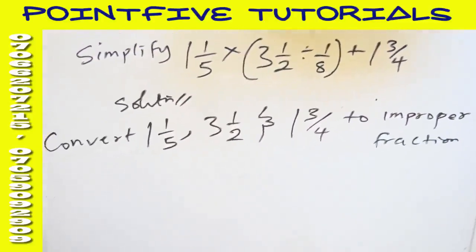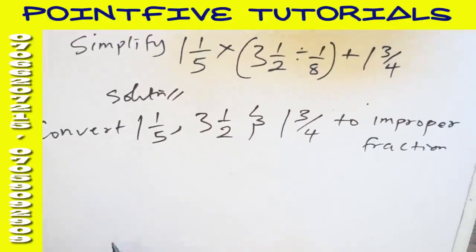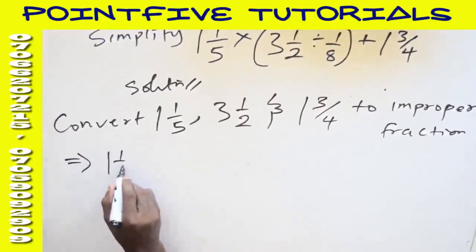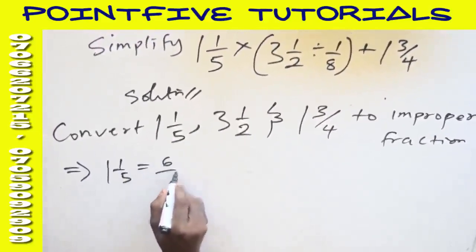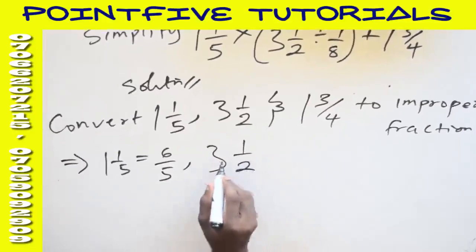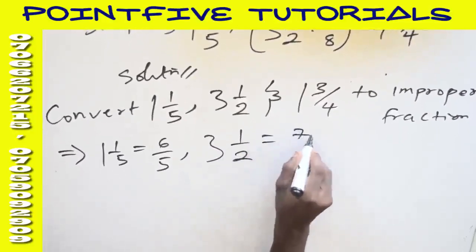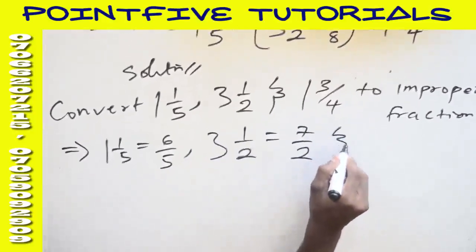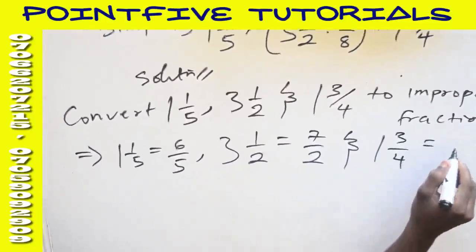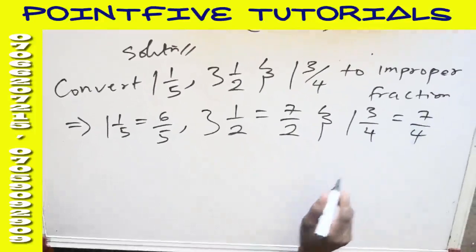So when you do that, it implies that 1 whole number 1 over 5 is equal to 6 over 5, 3 whole number 1 over 2 is 7 over 2, and 1 whole number 3 over 4 will be 7 over 4.